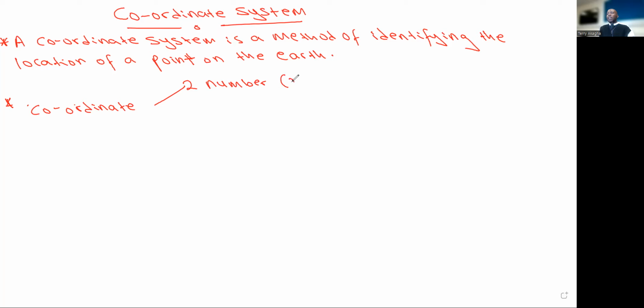So basically, it's using the X and Y, okay? But in some cases, it's using three numbers, usually referred to as X, Y, and Z, okay? And one of the things you need to know is that each of these numbers indicates the distance between the point and some fixed reference point.